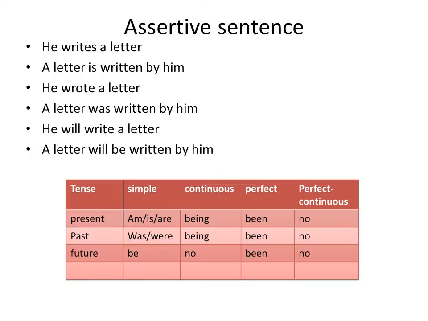According to subject and predicate concord, a letter is singular, so here must be the singular verb, the singular auxiliary verb is. Suppose here is letters, the sentence is like that: he writes letters.